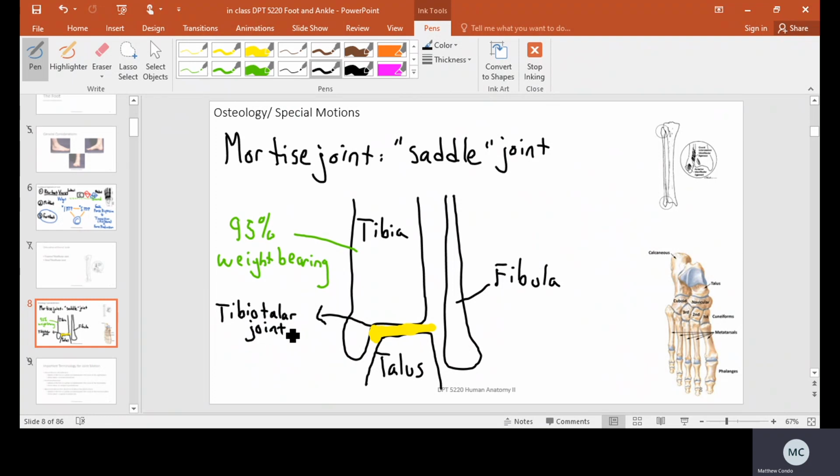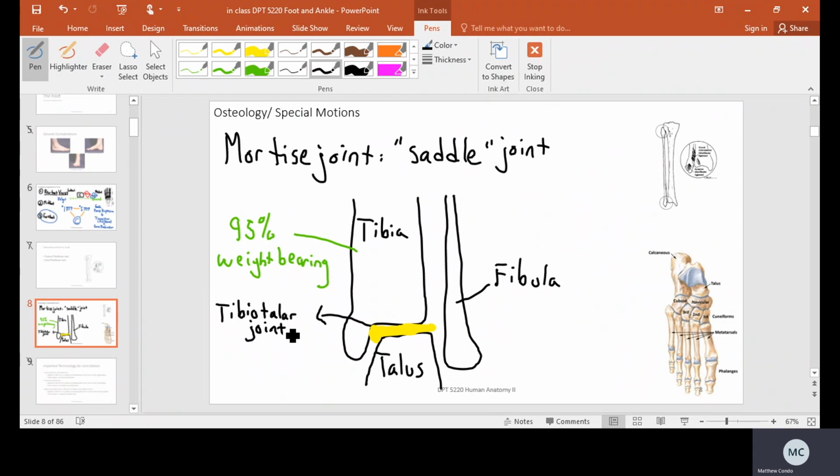Says what it says, right? As we know, the vast majority of joints in the body are named based on the two bones that make up that joint. So you may see in the literature, in the textbook, and other stuff you read, a reference to the tibio-talar joint. When they reference that tibio-talar joint, that is exactly what they are referencing.